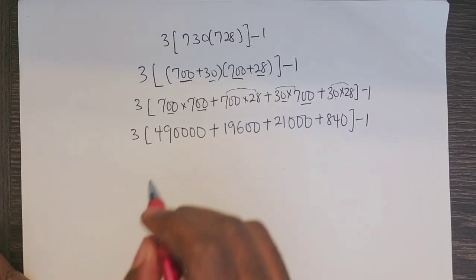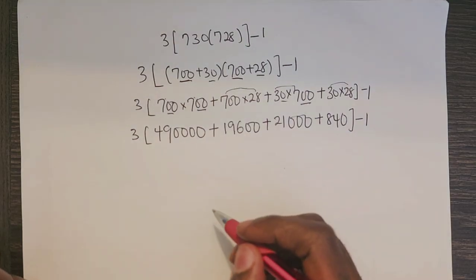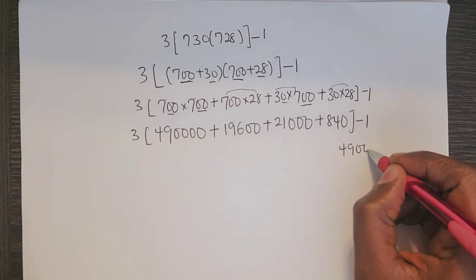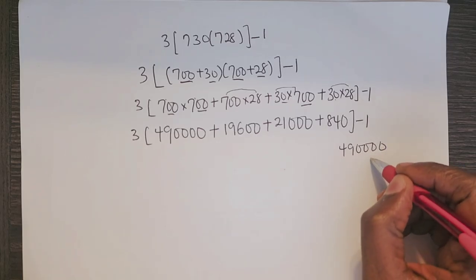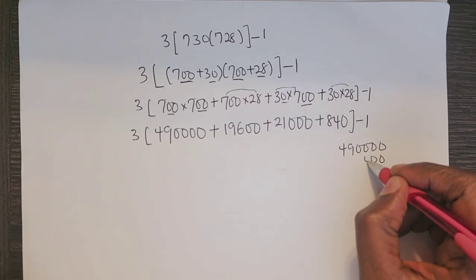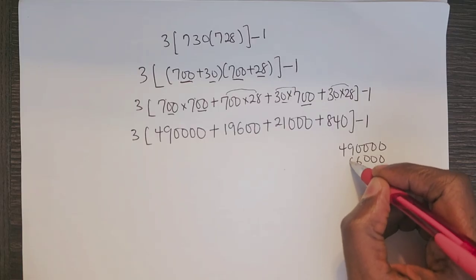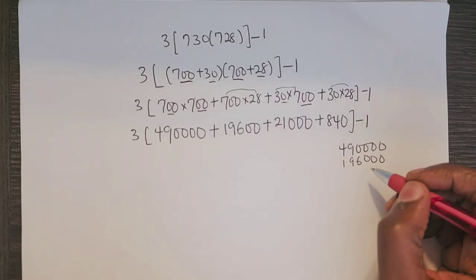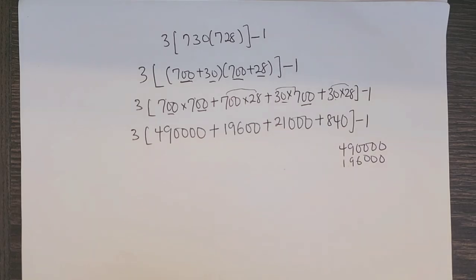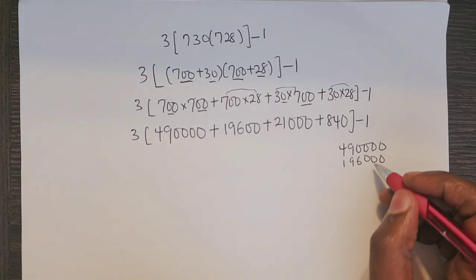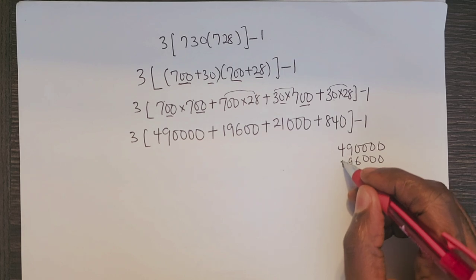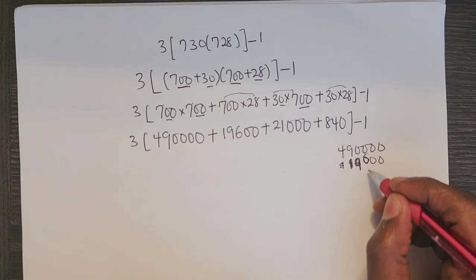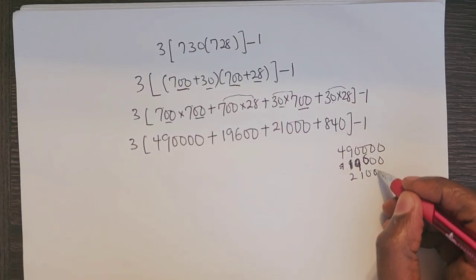So here, if you look at this, okay, let me just break it down. 49 with 4 zeros. 196 with 2 zeros. 21,000.